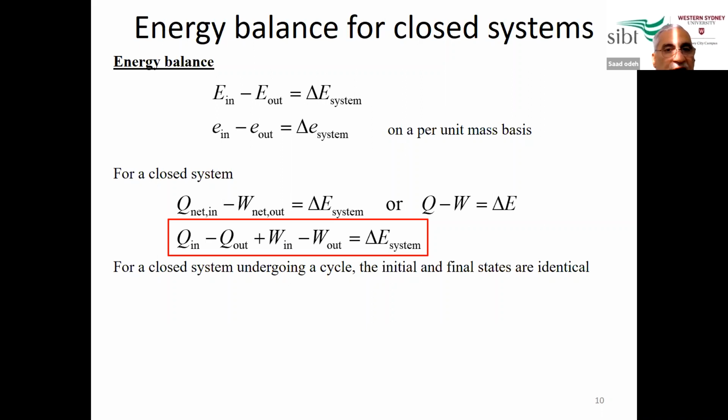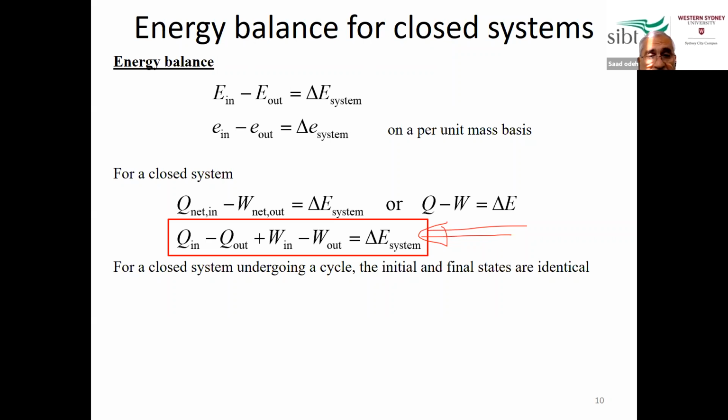The energy balance follows the equation shown here in red: all the work entering the system and all the heat entering the system must equal the change in energy of the system, delta E, which represents the kinetic energy, potential energy, and U, the internal energy of the system.